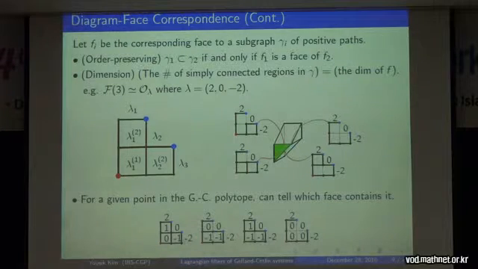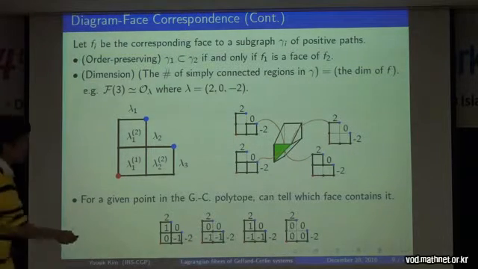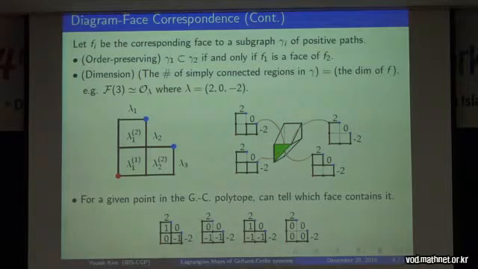So let's look at another example. The 0, 0, 0 point actually has this pattern, so the position of that point would be here. Okay. So that's the diagram-face correspondence.